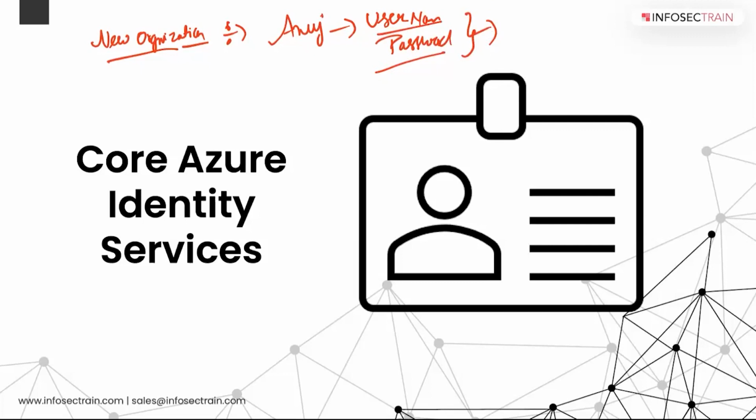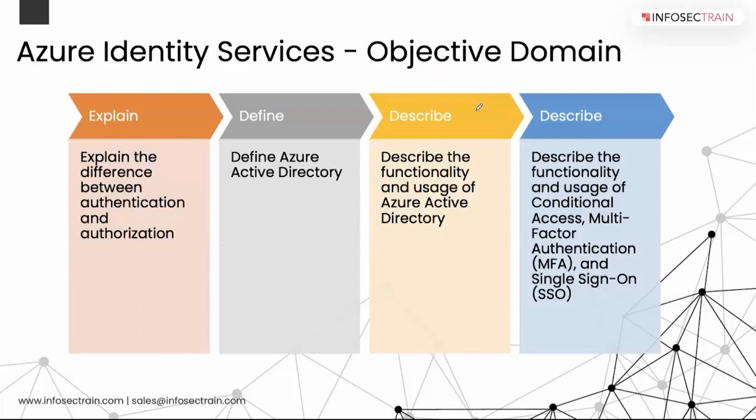Now, you need to be familiar with the basic computing concepts and terminologies, which will help you with this. First of all, we'll be talking about two things: one is authentication, another is authorization.